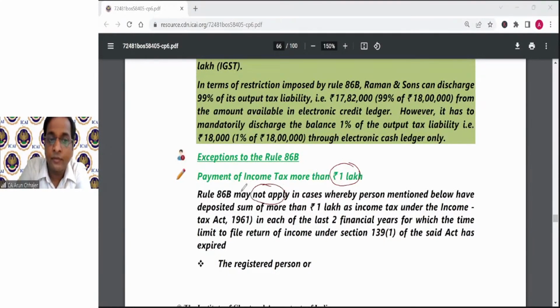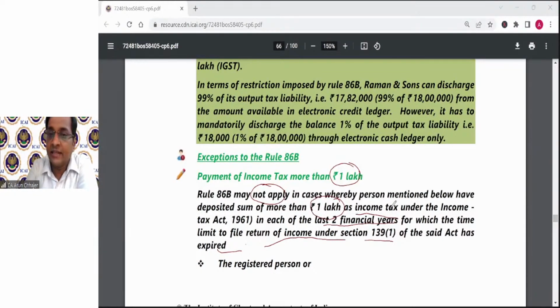It means 86B will not apply if in the last 2 financial years, for which the time limit to file the return has expired, so normally it is July, the taxpayer has paid more than rupees 1 lakh as income tax.